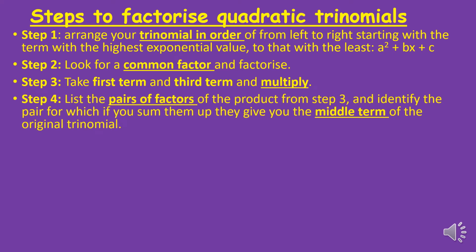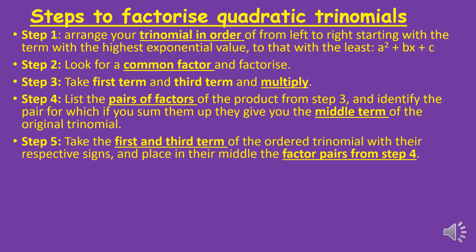In step 4, you list the pairs of factors of the product from step 3 and identify the pair which, if you sum them up, gives you the middle term of the original trinomial.